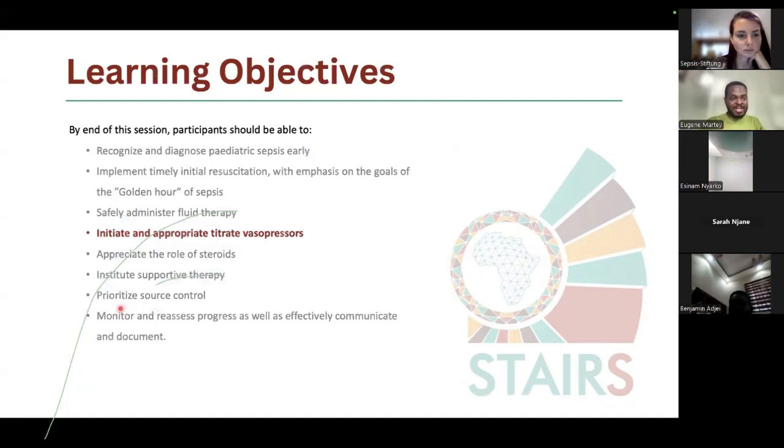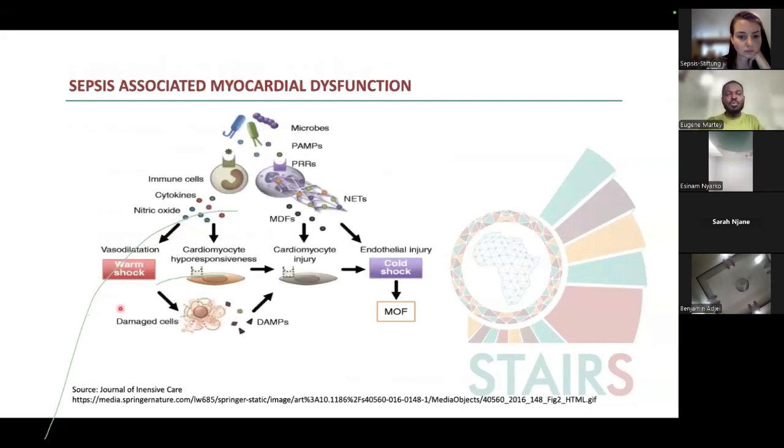So our next learning objective: when do I initiate vasopressor and which is appropriate? So always remember that your patient with sepsis who has progressed to septic shock doesn't only have issues with vasodilatation and increased vascular permeability.